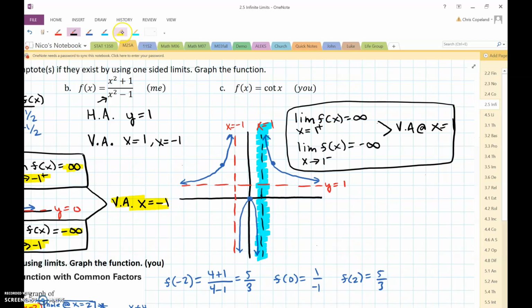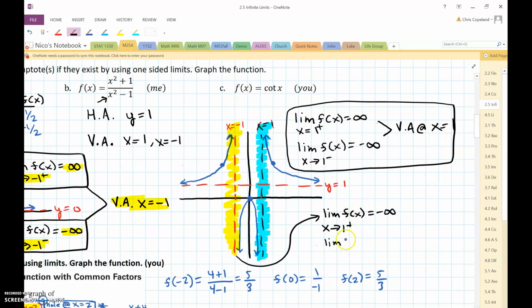Also, I need to do this guy. Do one-sided limits again. So let's do the limit of f of x as x approaches -1 coming from the right. You can see that this is going down towards negative infinity.